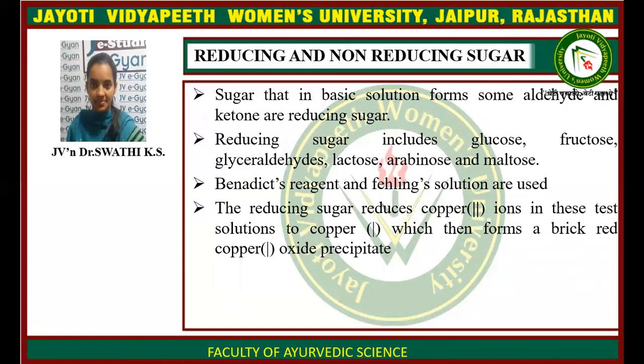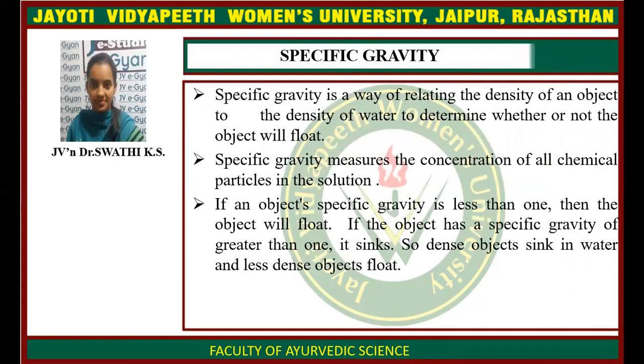Sugars that in basic solution form some aldehyde and ketone are reducing sugars. Reducing sugars include glucose, fructose, glyceraldehyde, lactose, arabinose, and maltose. Benedict's reagent and Fehling's solution are used. The reducing sugar reduces the copper ions in the test solution to copper, which then forms a brick red copper oxide precipitate.